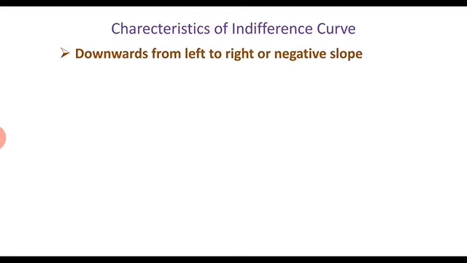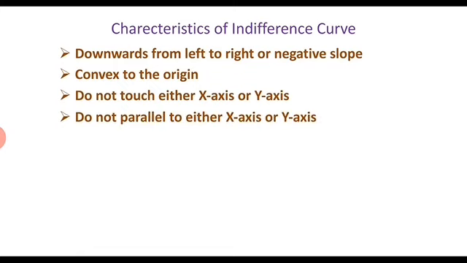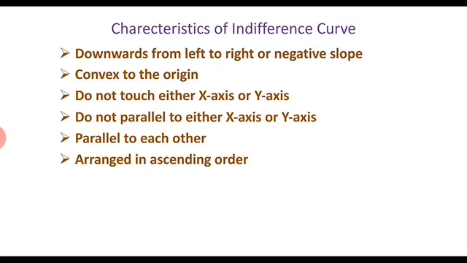Characteristics of indifference curves. Indifference curves slope downwards from left to right, that is, they have negative slope. These curves are convex to the origin, do not touch either the x-axis or y-axis, are not parallel to either the x-axis or y-axis, are parallel to each other, and are arranged in ascending order.